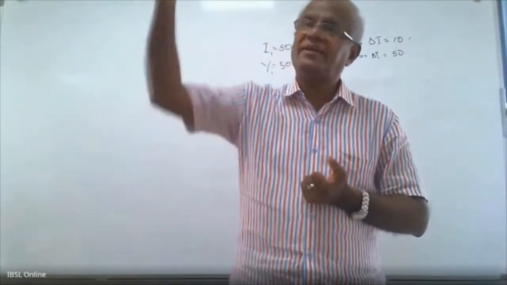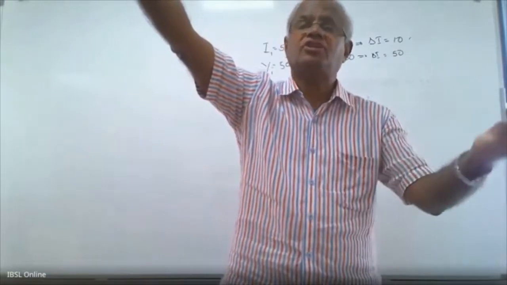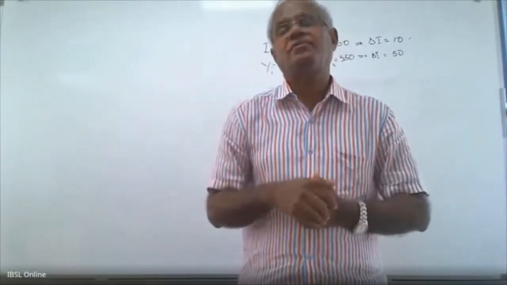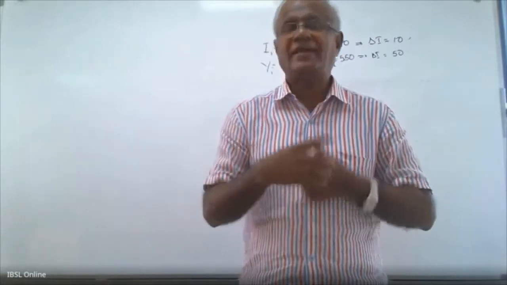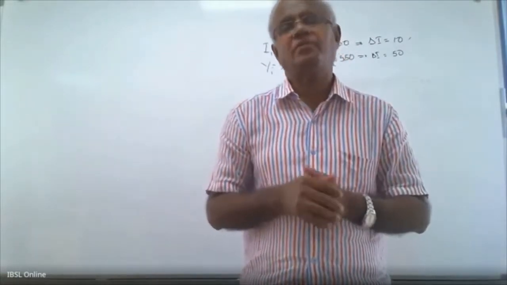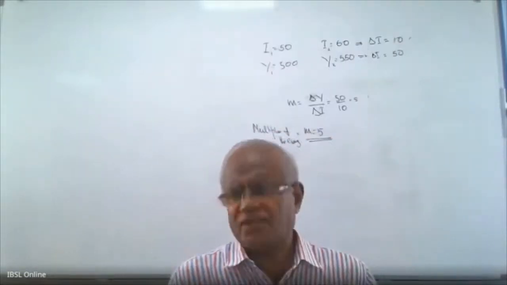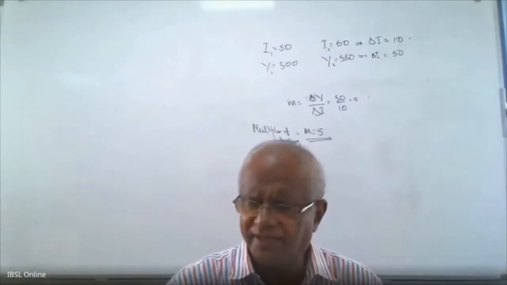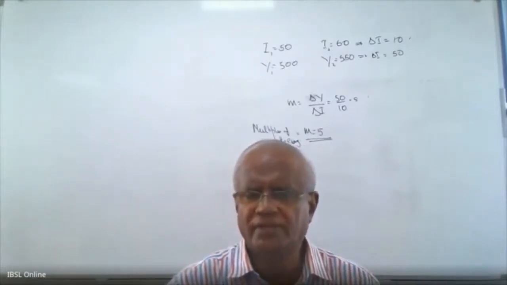The ratio between the increase in GDP, 50, and the increase in investment, 10, is called a multiplier. This is an investment multiplier. You can also have a consumption multiplier. Investment in the economy has a very important multiplier effect.